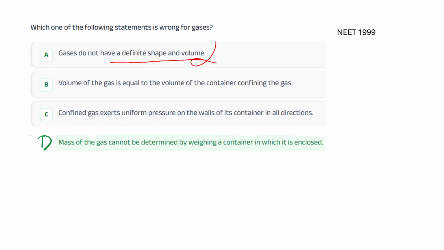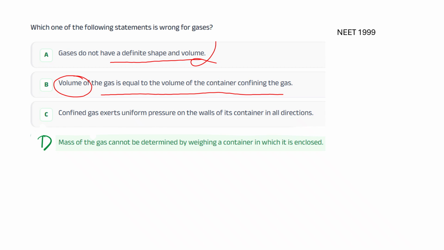Option B: volume of the gas is equal to the volume of the container filling the gas. This is true. Volume is nothing but the three-dimensional space an object is occupying. If I am sitting in a chair, how much space I occupy in three dimensions is my volume. There is a difference between volume and mass.